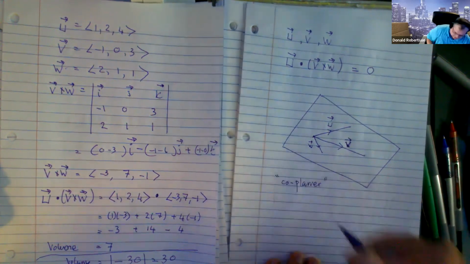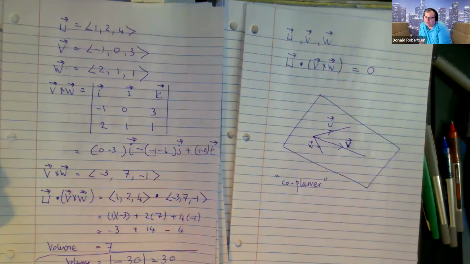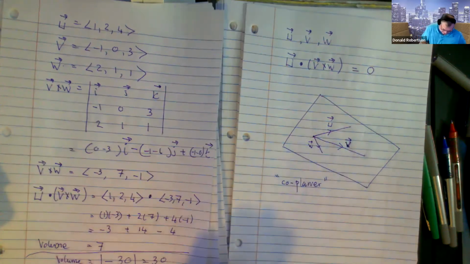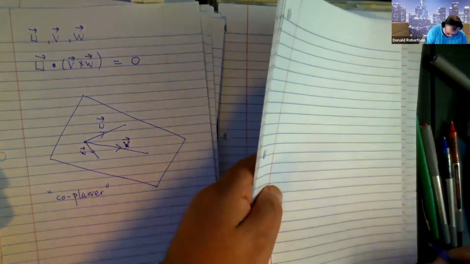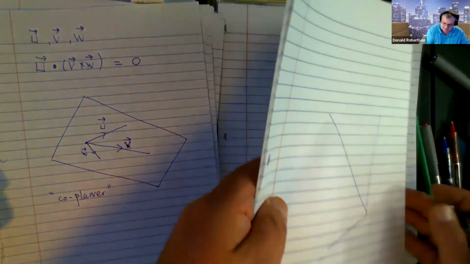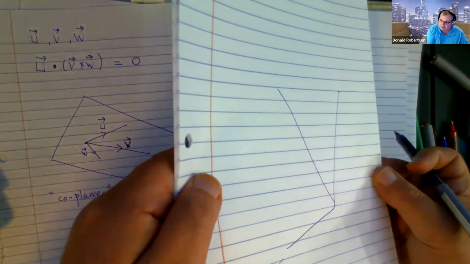That means that they all lie on the same plane. You notice that they're not parallel to each other, but imagine this was a plane, right? They're all on the same piece of paper.